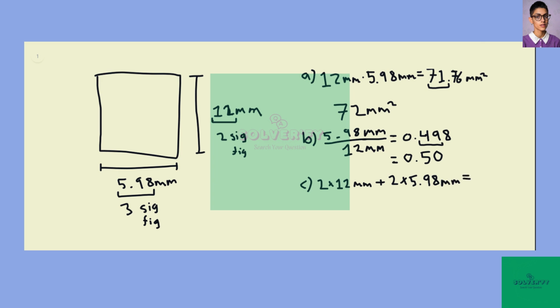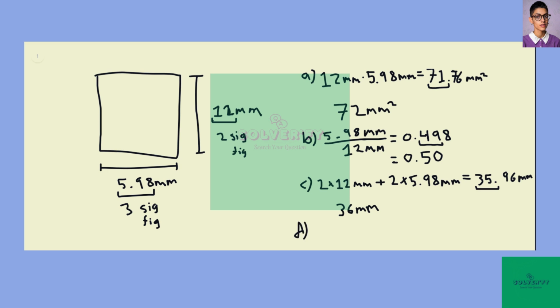And that gives us 35.96 millimeters. And with multiplication, we keep our values, and you go with the lower significant figure, which is the first 2 values. And so we could round up again, giving us 36 millimeters for our perimeter.